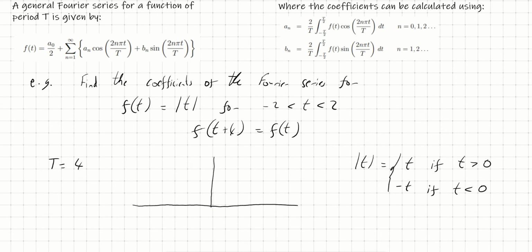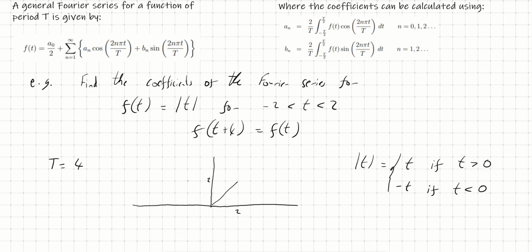We can sketch this function. Between 0 and 2, t is a positive number, so mod t is just equal to t. And between 0 and minus 2, t is a negative number, so mod t is equal to the negative of t.